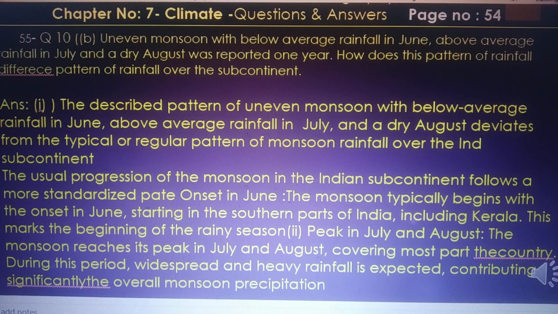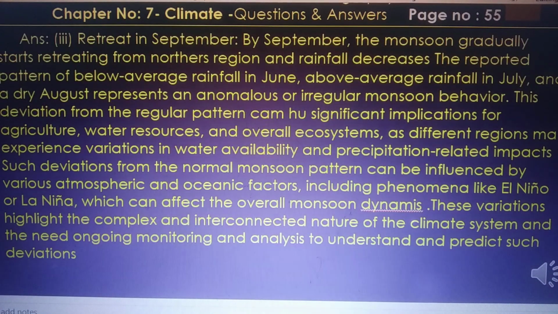The monsoon typically begins with the onset of the rainy season, peaks in July and August, and the third point, retreating in September.